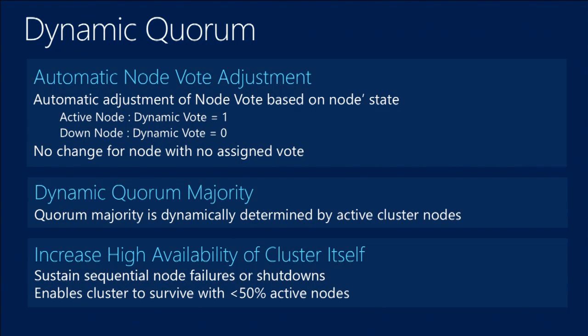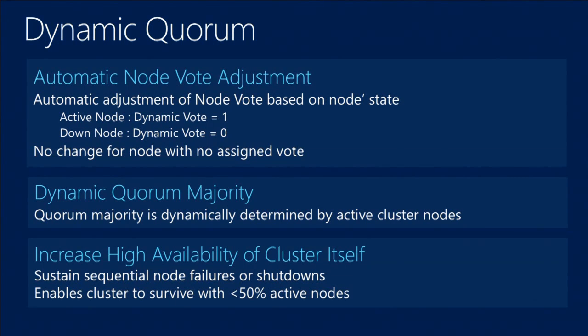It uses the state of the node as the cue for deciding whether the node has a vote or not. If the node is up and running and the user configured it to have a vote, the cluster would assign a vote of 1. If the user configured a vote of 0, the cluster would honor that and keep the dynamic vote as 0.